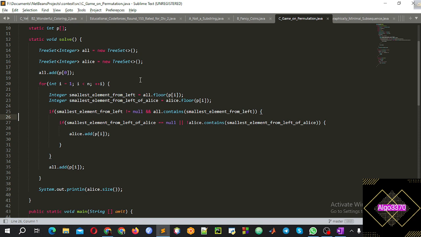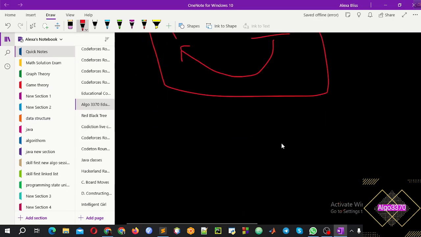That means a smaller element, position j, is present in the left region.